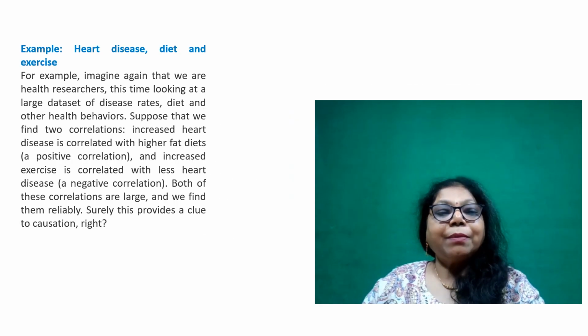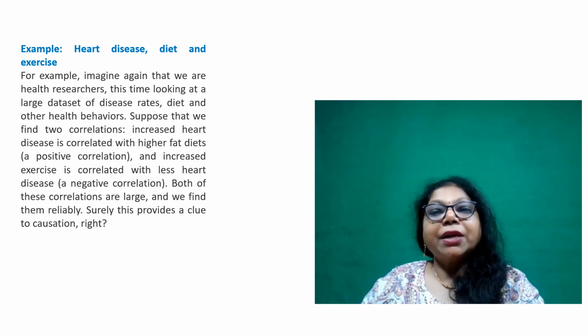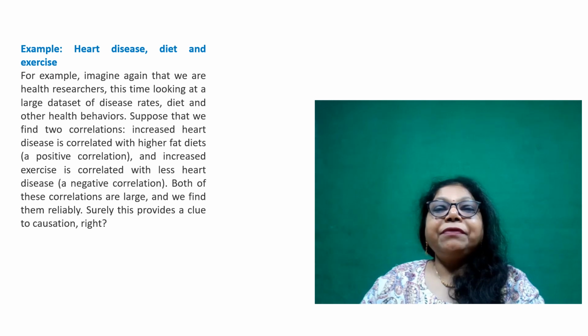Let's take one more example before we conclude our topic. Imagine that we are health researchers, and this time we are looking at a larger data set of disease rates, diet, and other health behaviors. Suppose that we find two correlations.